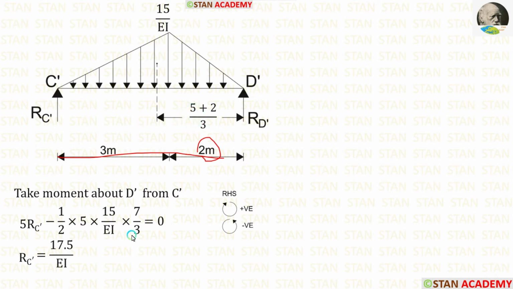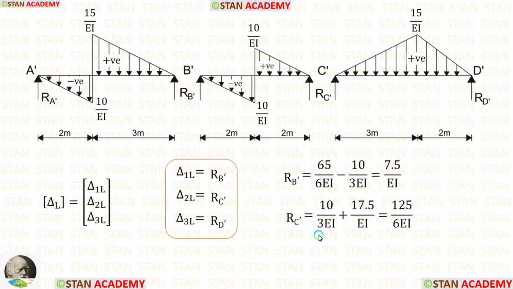So for the centroid towards the right, we are getting 7 upon 3. Finally, we are getting RC dash, which is equal to 17.5 upon EI. Now let us add both of the RC dash values. After adding, we are getting 125 upon 6 EI.